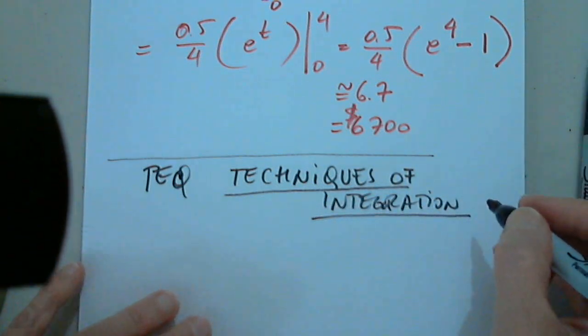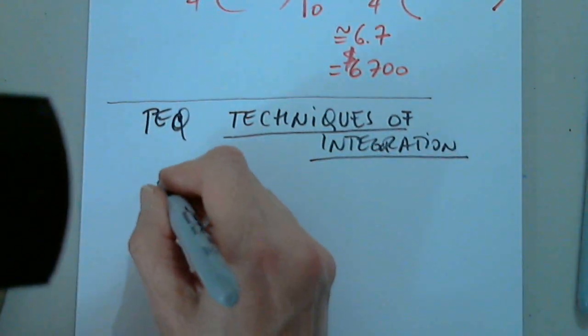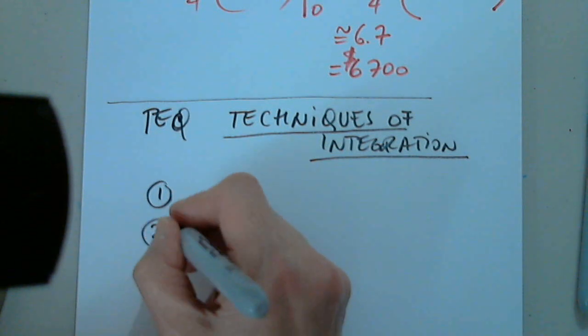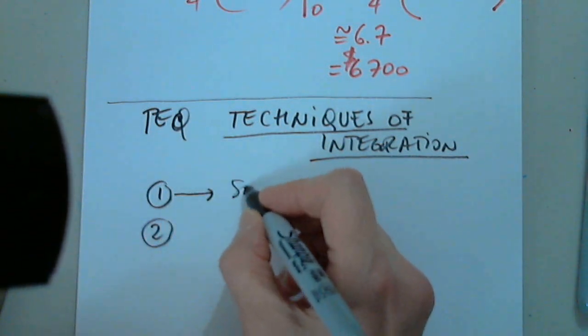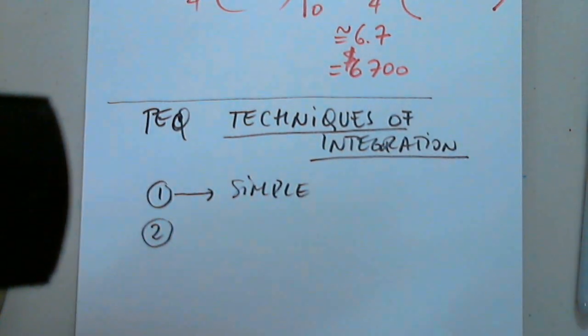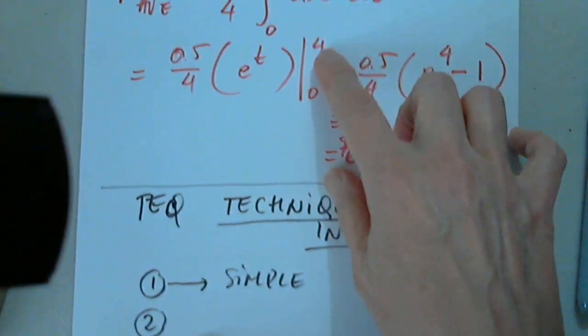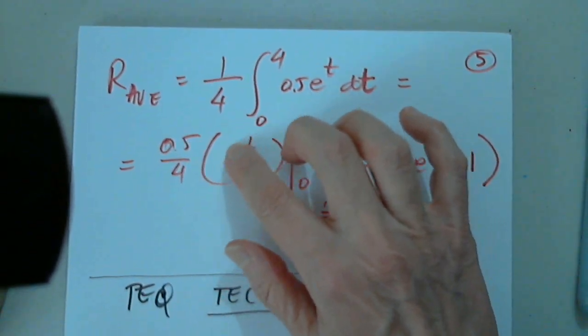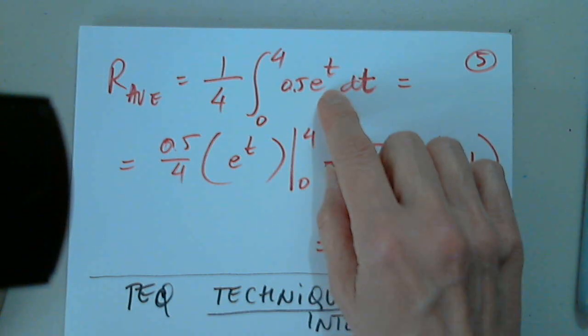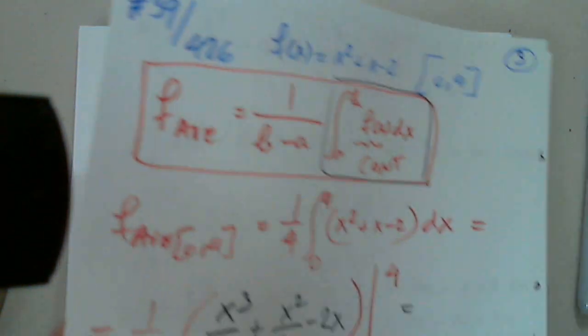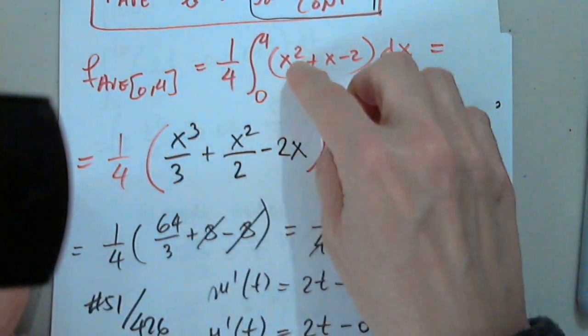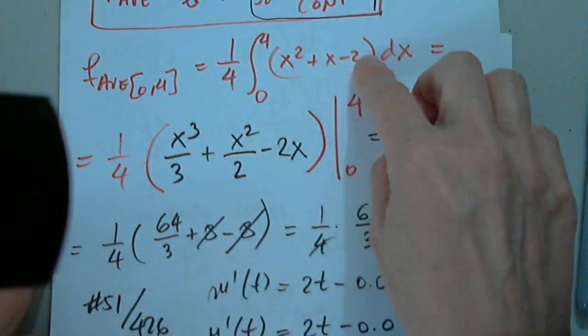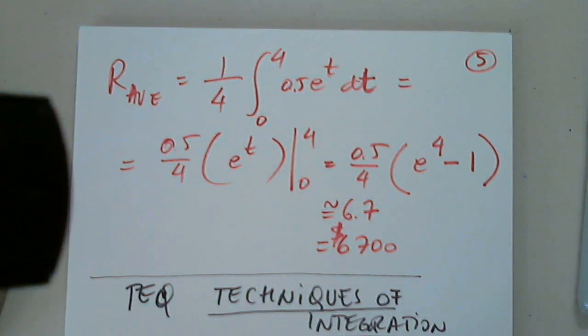However, in this class, we are only going to talk about 1 and 2. This is what we already did. Simple. What's simple? This is simple. I was able to find the antiderivative very easily. Everything was simple here. This function prime is this. This function prime is this. This function prime is this. So that's the simple one.